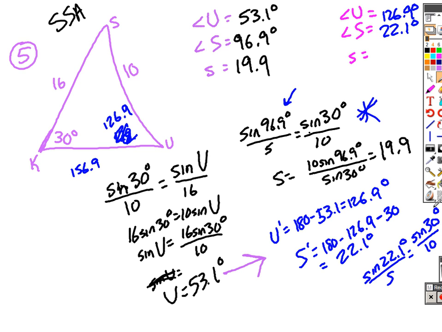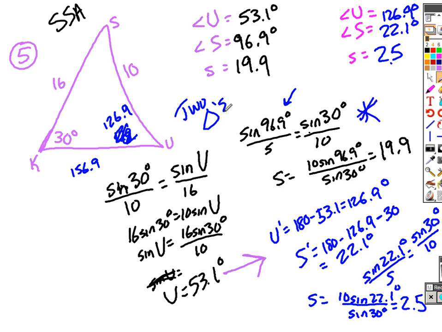Cross multiply, and S will equal 10 sine of 22.1 over sine of 30, which will equal in the end 2.5. So in this one, you do have two triangles as a result. There you go.